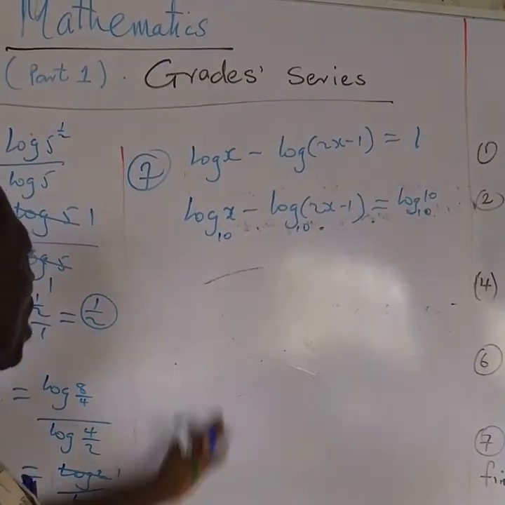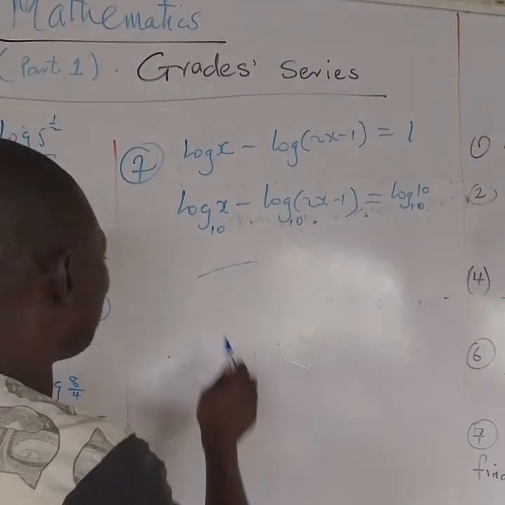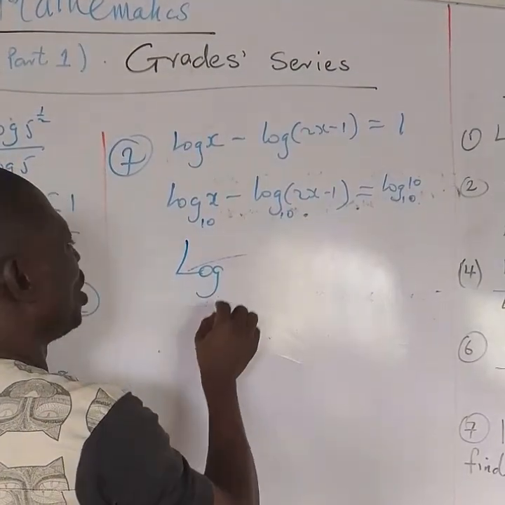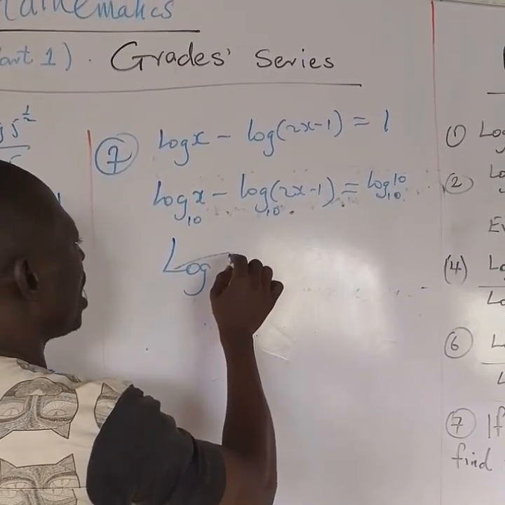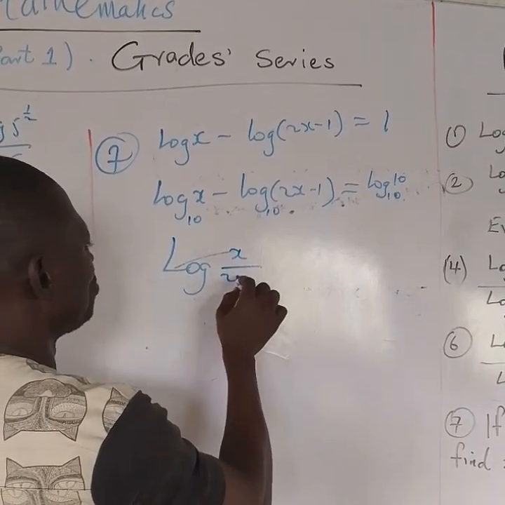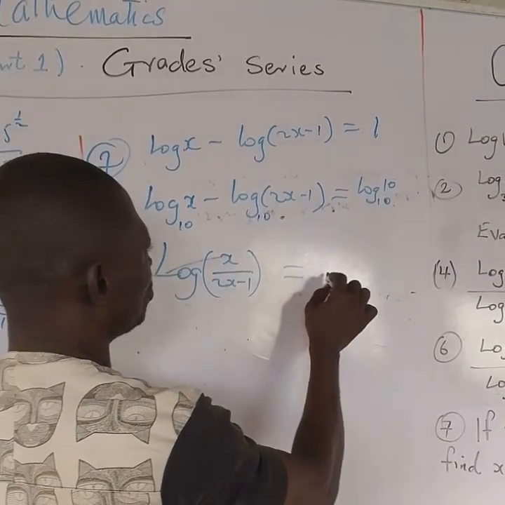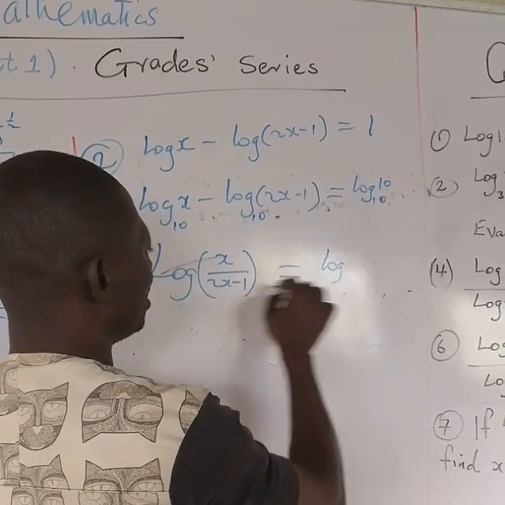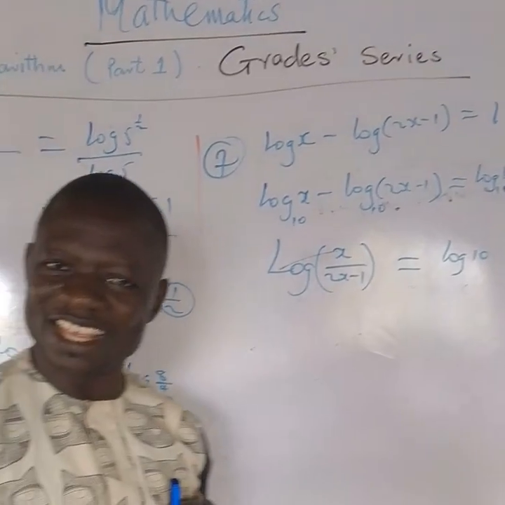And so, what we are going to do here is to use the law of logarithm here, which means we can take it to be log in base 10 of x over 2x minus 1. This is what we got from this, is equal to log in base 10 of 10. Yes, we are going to say this.